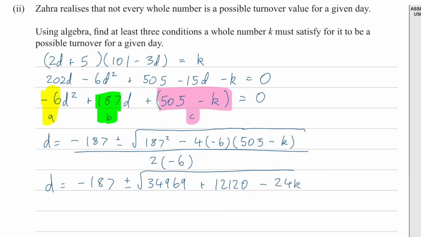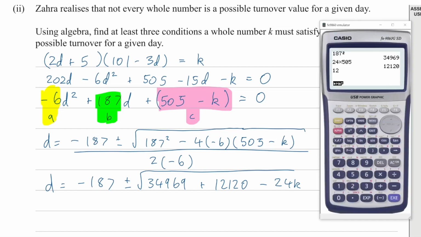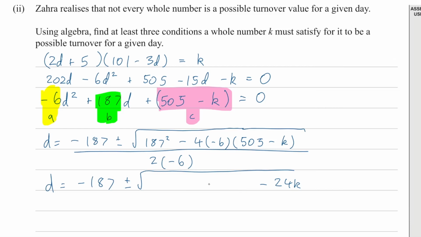While I'm here, let me just group these terms together as well. 34969 plus 12120 is 47089, all over negative 12.